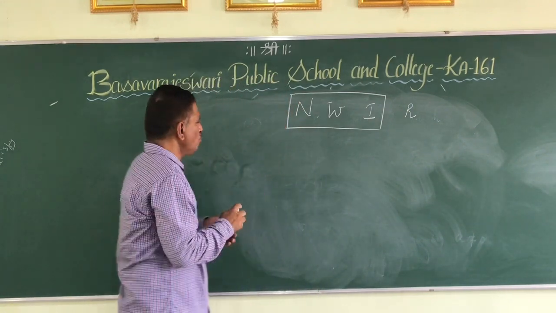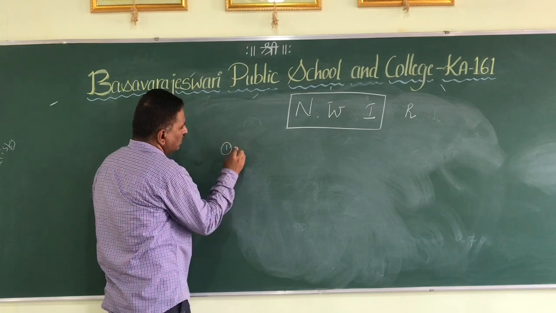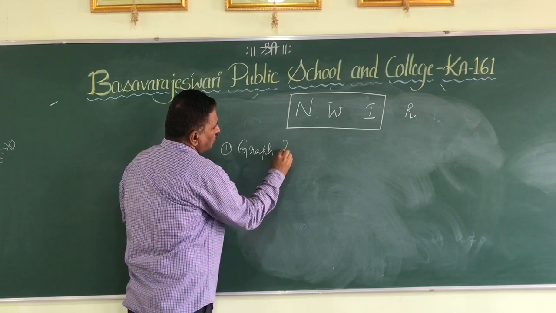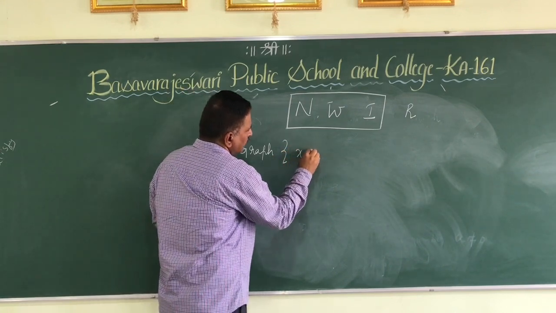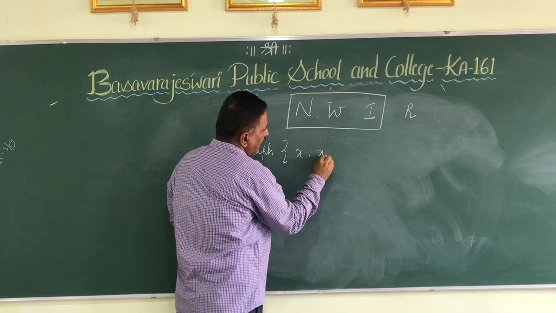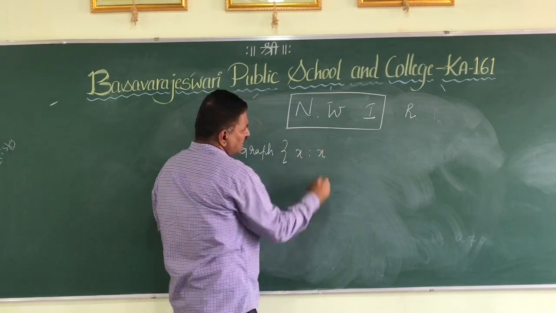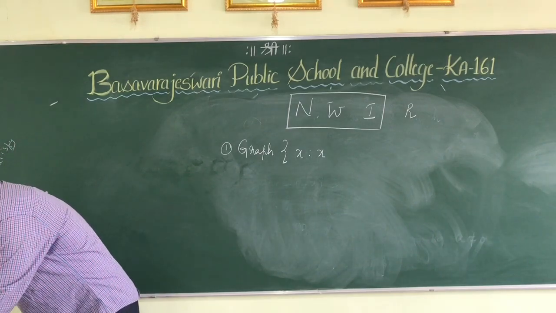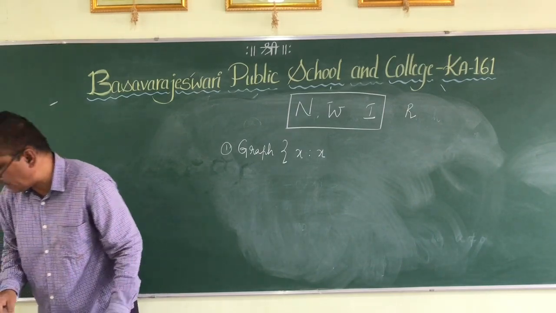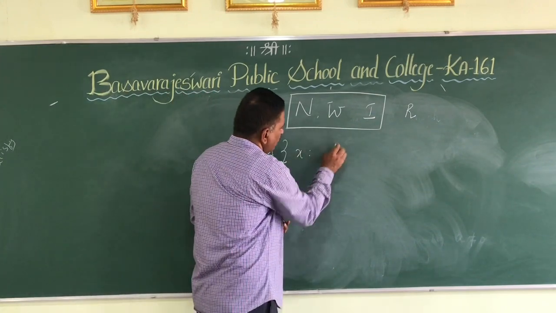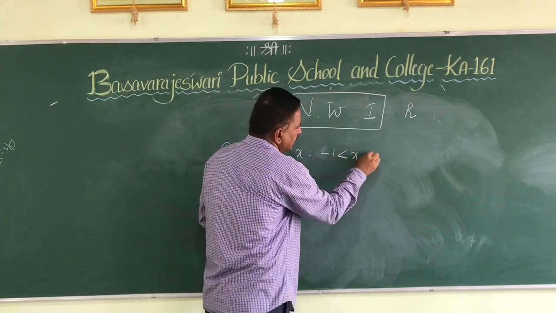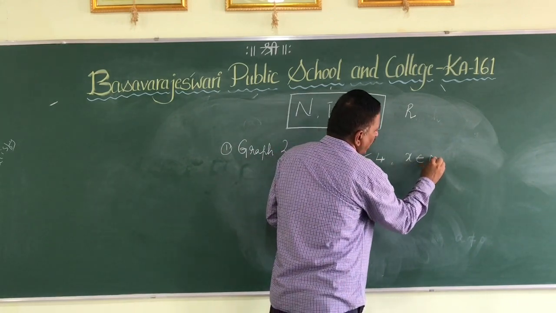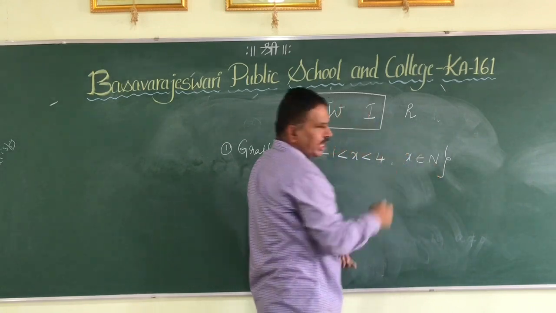So let me take one example. First one, graph of x such that minus 1 is less than x is less than 4, where x belongs to N. N means natural numbers.